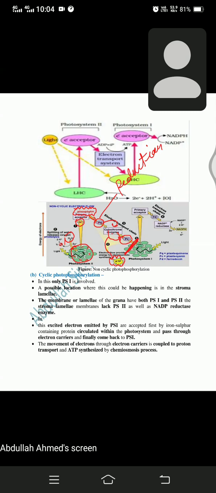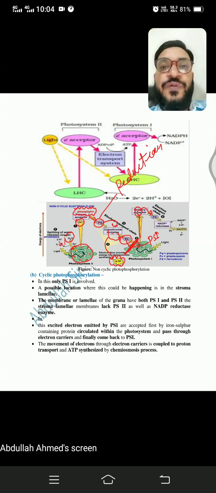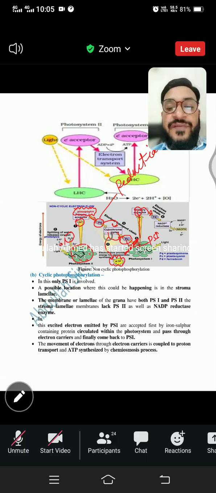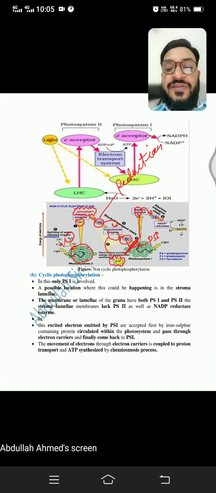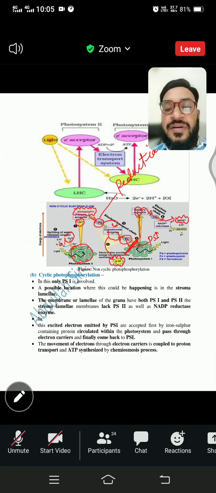Now the electron will go from PC to P700. This one is PS1. Now the electron goes from PS1 to the primary electron acceptor, and from there to ferredoxin. Then the electron goes out from ferredoxin and is finally accepted by NADP.